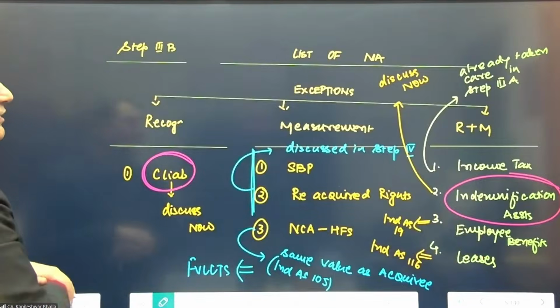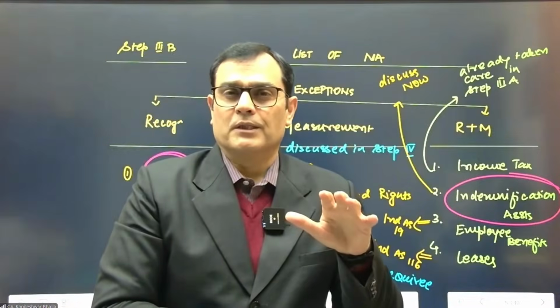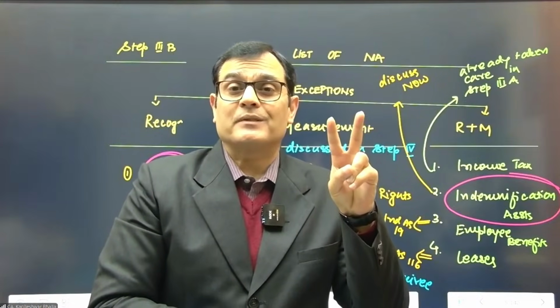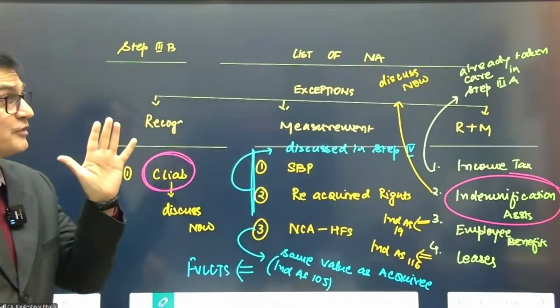The rest 2 items will be discussed later. I hope, friends, I'm very clear on my thoughts. So I'm just going to discuss 2 exceptions with you, contingent liability as well as indemnification assets, in detail to understand the flow.